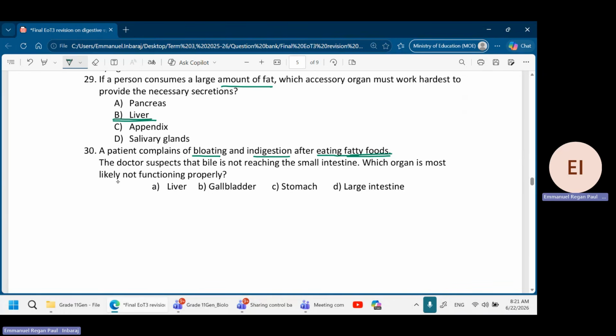Which organ is most likely not functioning properly? It should be the gallbladder.